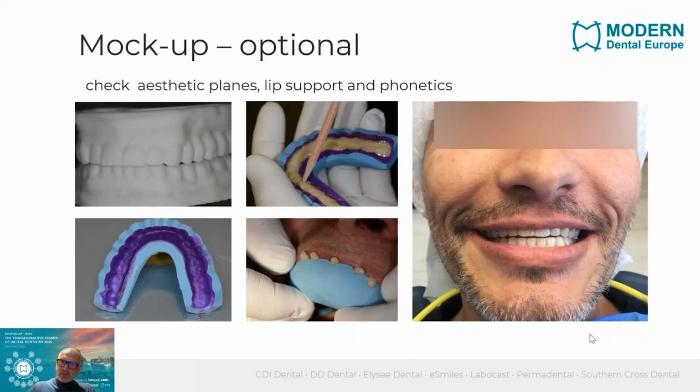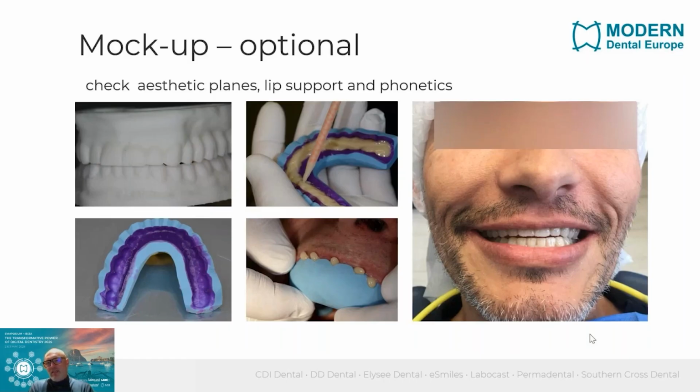So this mock-up, we are using a mock-up like this. We print a model, we create a putty key, and there you can just use any resin or provisional resin material to, in one block, create a mock-up.